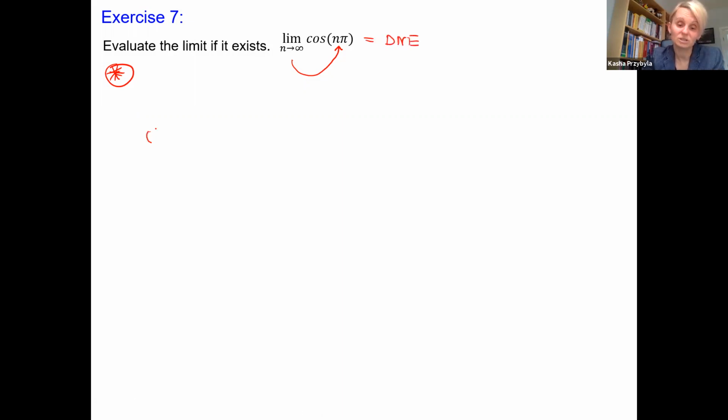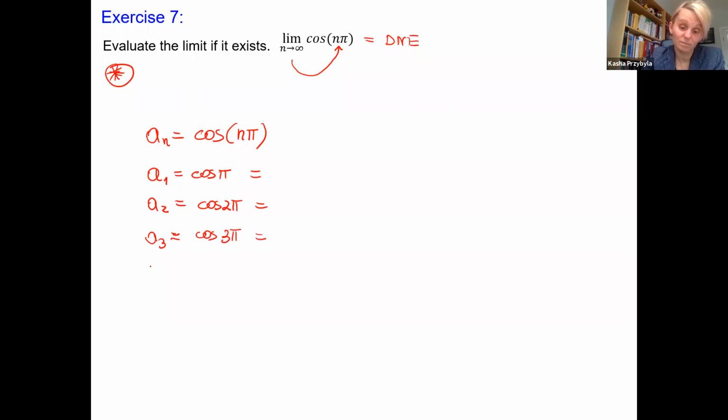But what is interesting, and important, is cosine of n pi. Let's see how this behaves. If this is cosine of 1 pi, this is cosine of 2 pi. Can you tell me, get ready for the values. Cosine of 3 pi, and maybe one more, cosine at 4 pi.